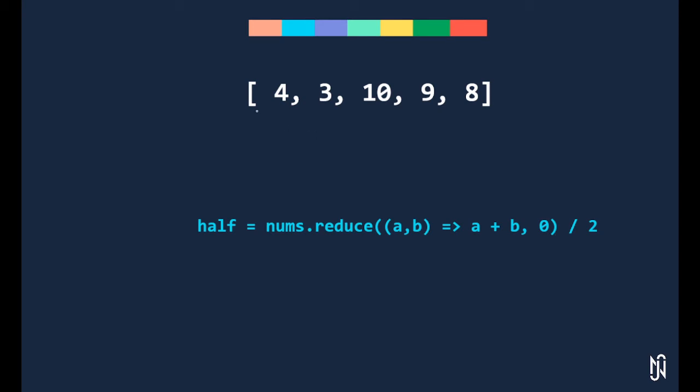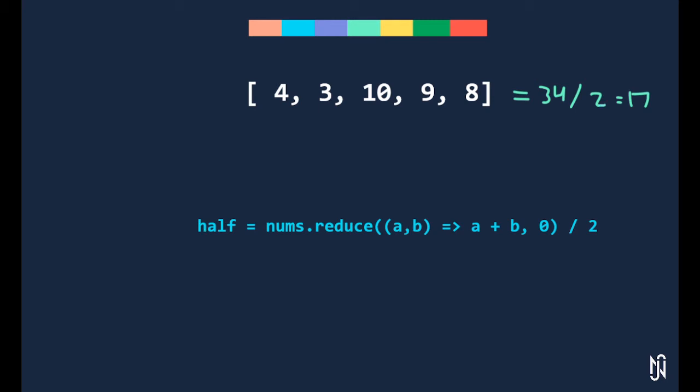Right now with this given array, we've got 4, 3, 10, 9, and 8, which is equal to 34. Divided by 2 is going to be equal to 17. So half in this example is equal to 17, and what we need to do is find a subsequence array whose sum is going to be greater than 17.